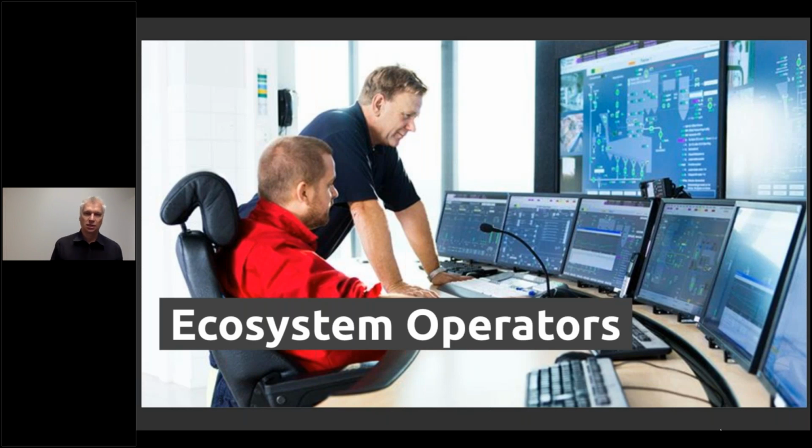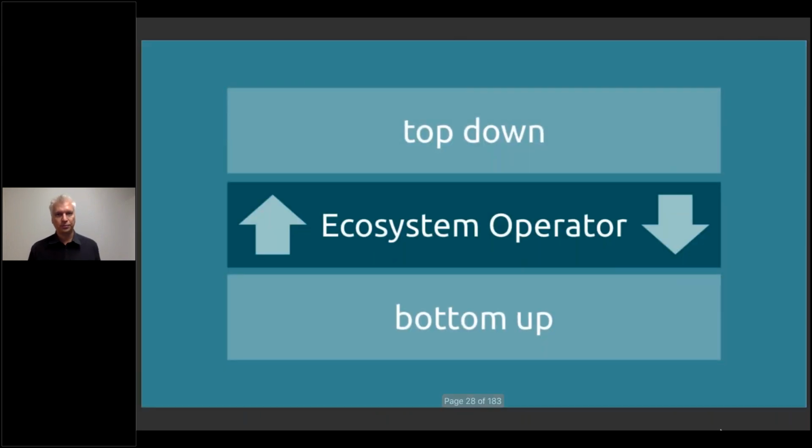So that's the terminology. In addition to ecosystem orchestration, the operator is the one who looks at making the system work and solving those problems that are preventing this type of development from happening.